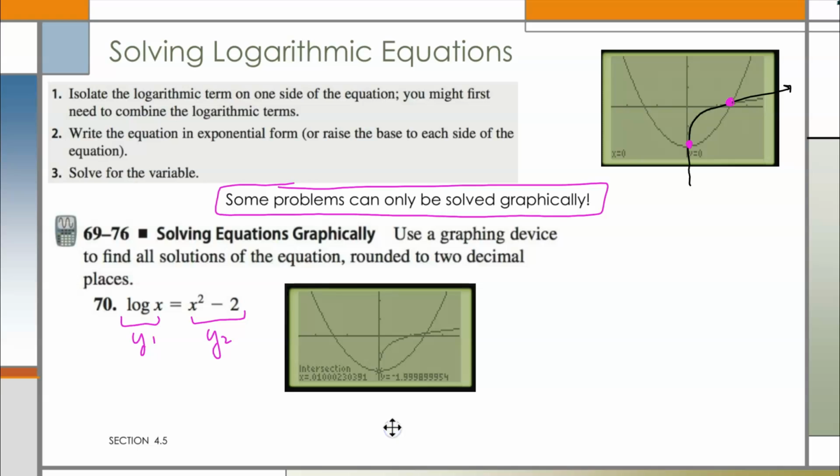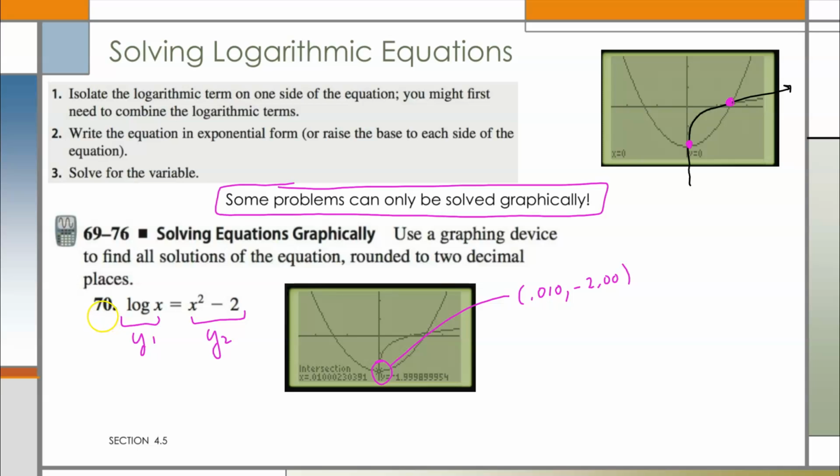Okay, so our first point of intersection is going to be right here. So that's the point 0.10, 0.00, and then -2 if we were to round to 2 decimal places. Okay, what's our solution?